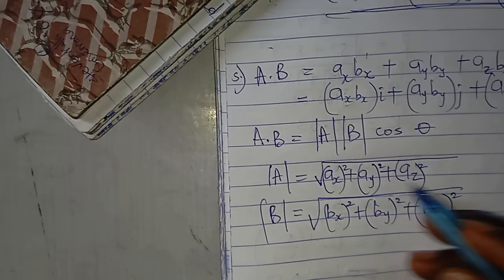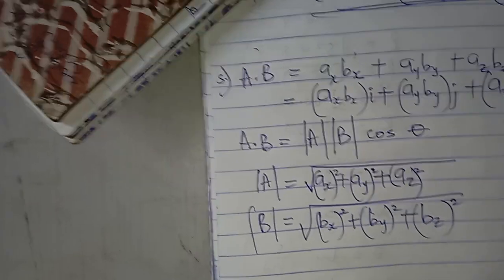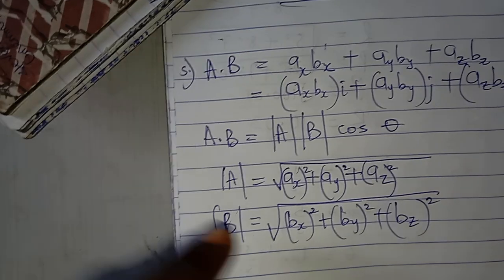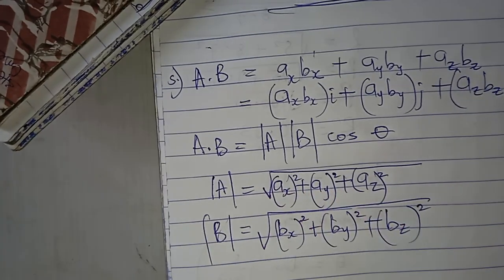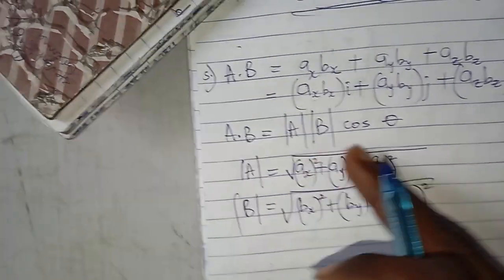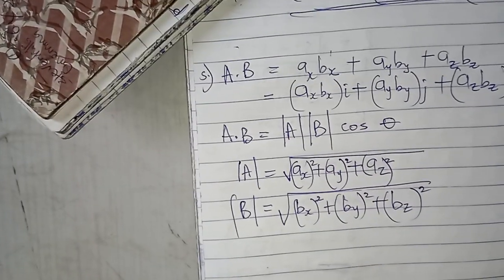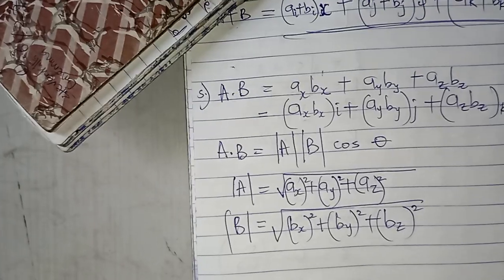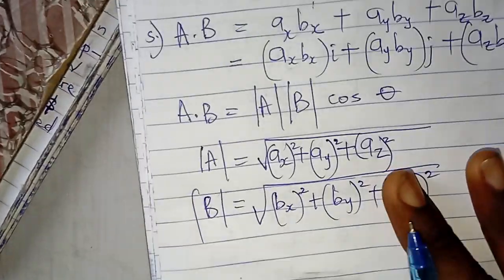So notice that if I do this now, I get a value for this, then multiply the two, then cos theta, and whatever it gives me is equal to A dot B. So that will be it.